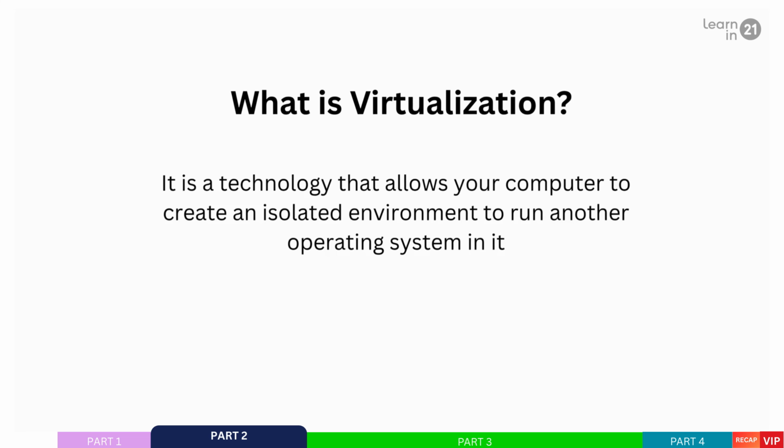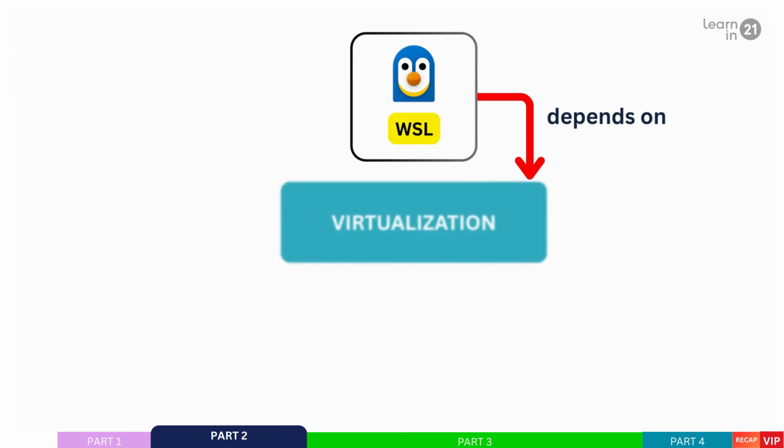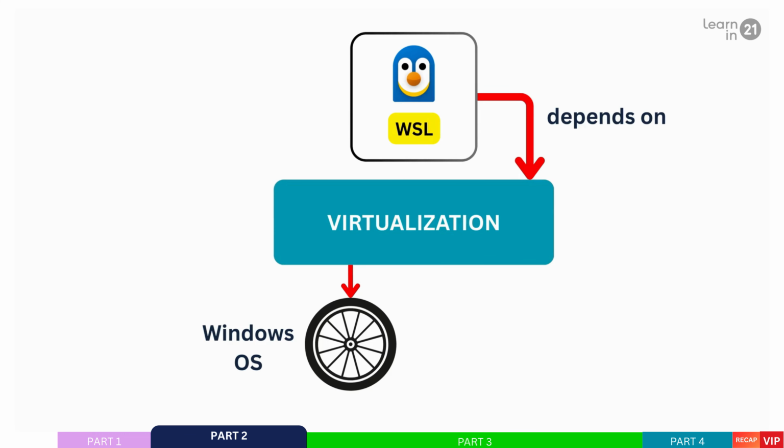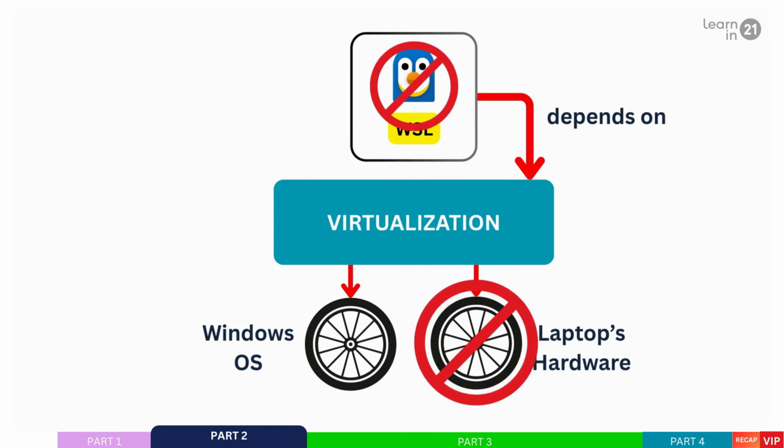You do not have to go deep into the theory part right now. For this video, just understand one thing. WSL depends on virtualization support, and virtualization not only depends on the Windows operating system, but it also needs support from your physical hardware, which is your laptop. So, if virtualization is disabled on your physical hardware, WSL may not work properly.